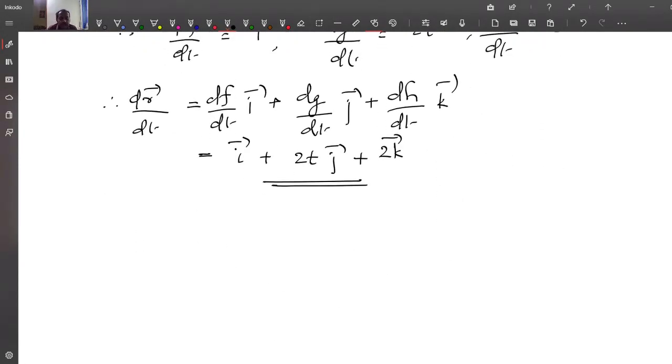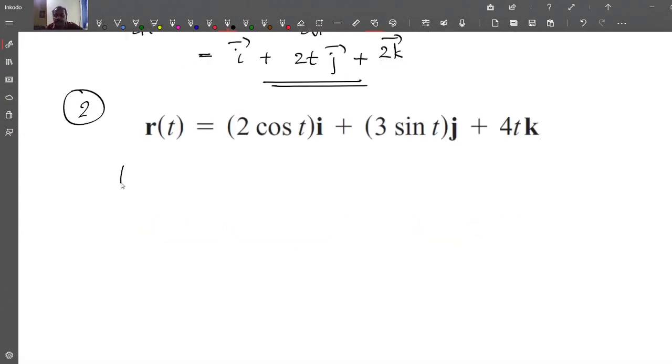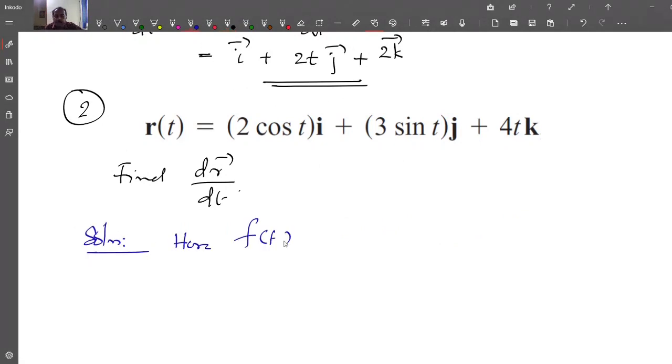We will do one more problem. Problem number 2. Find dr by dt. So here f of t is equal to 2 cos t, g of t is equal to 3 sin t, and h of t is equal to 4t.